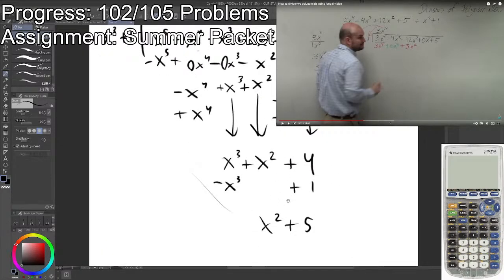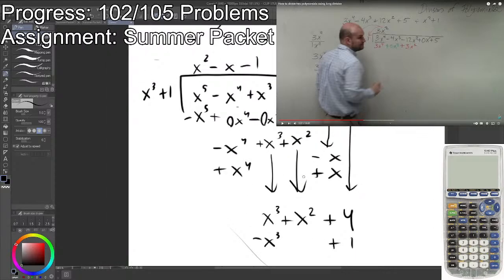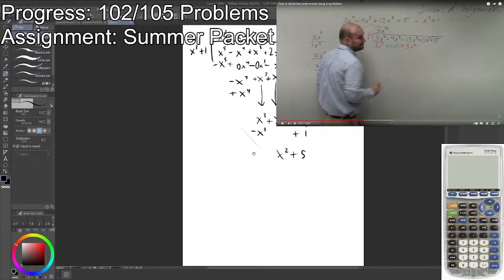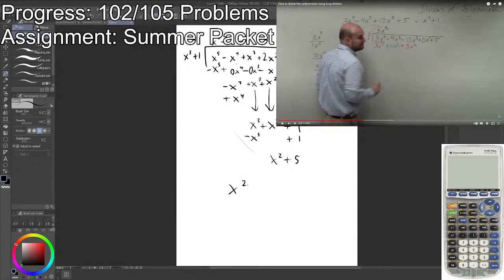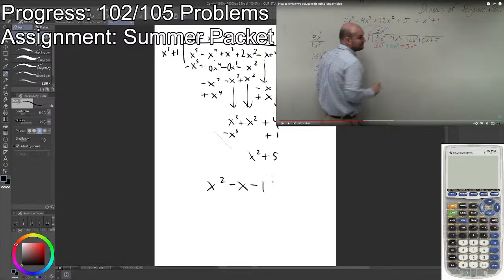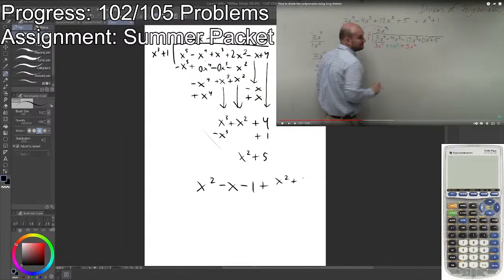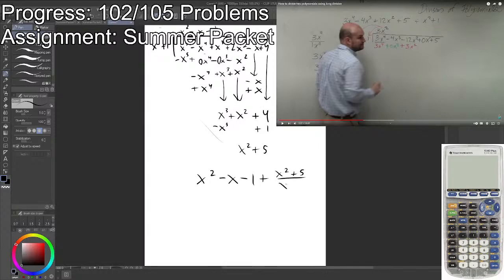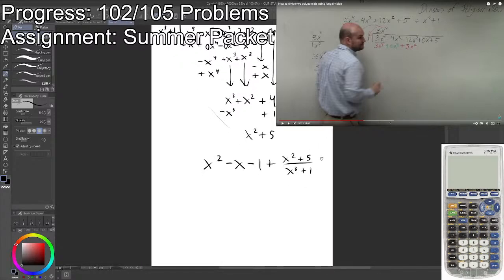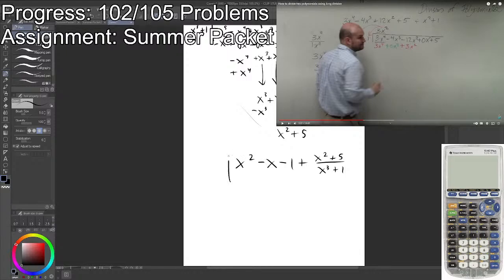And it doesn't go into x squared, so that's the remainder. I think I'm right. So x squared minus x minus 1 plus x squared plus 5 over x cubed plus 1. Should be it.